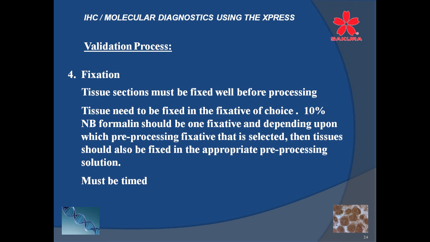And again, the fixation needs to be timed. There are many ways of doing this. You may set a timer. You may make cassettes that have a time on them to put them in the rack of cassettes after they're grossed, so that you know, well, behind this cassette that's 8 o'clock, we know we're going to give them 2 hours to fix, and then we're going to put them on the processor, and you'll put the 10 o'clock cassette maybe past that last cassette, and whoever goes to get them knows that everything between those 2 cassettes, 8 o'clock and 10 o'clock, is fixed enough to go on the Xpress and move forward like that.